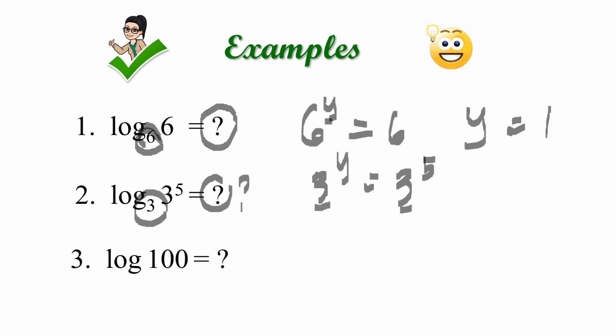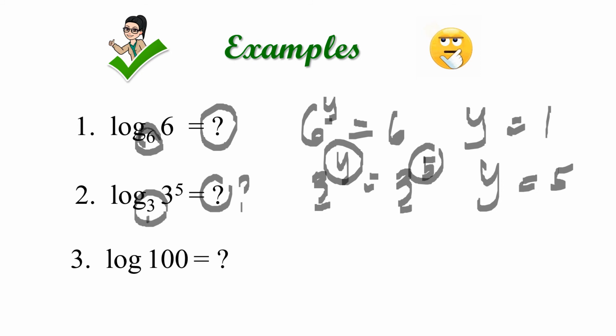We have the same base here. Therefore, we can equate the exponent. So y is equal to 5. As I mentioned when I was discussing the property, when you see the same base here and the same number here, simply copy the exponent 5. That's why the answer here is 5.